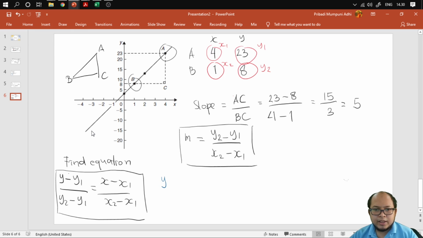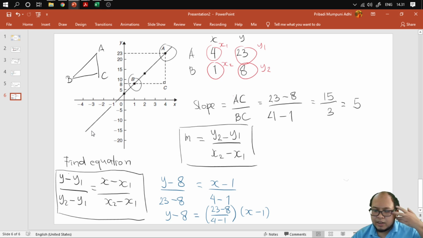We have y minus 8 over 23 minus 8 equal to x minus 1 over 4 minus 1. So here we will have y minus 8 equal to 23 minus 8 over 4 minus 1 multiplied by x minus 1.